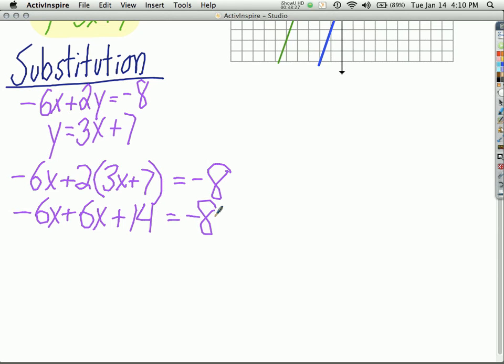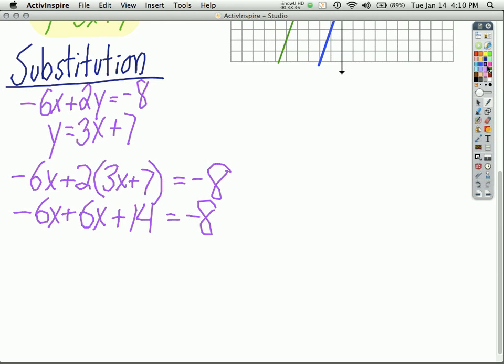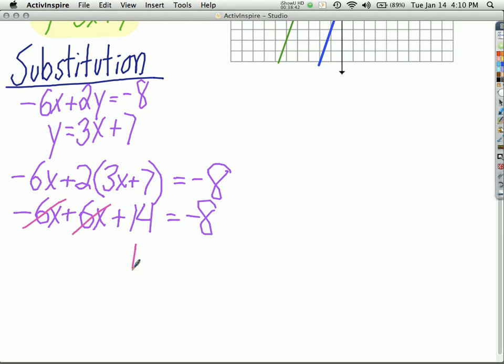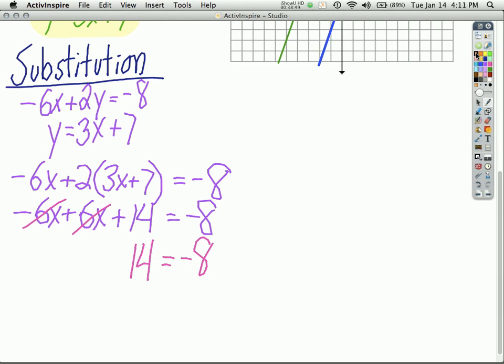Your spidey sense should be tingling already. What do you notice? Sabari? It's that the 6x's cancel each other out. Yeah. This is going to cancel this out, and we're left with this equation, which is not a true statement. 14 does not equal negative 8.